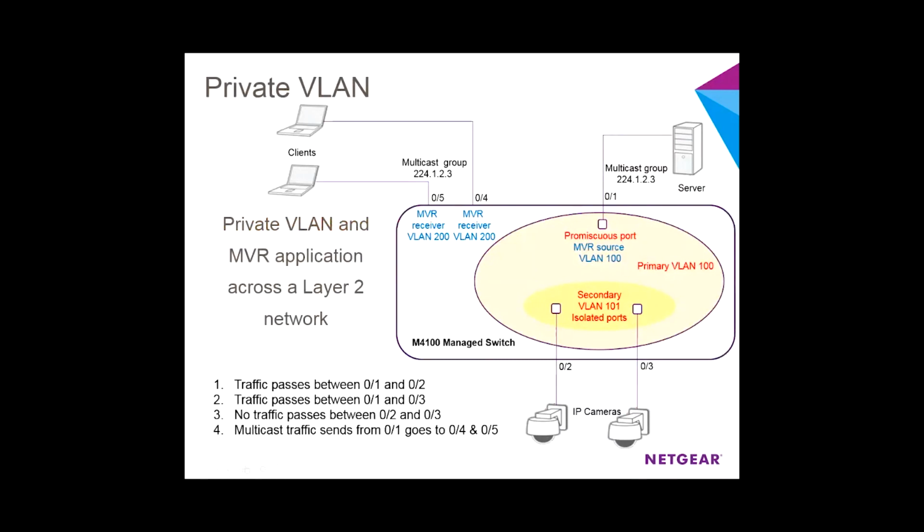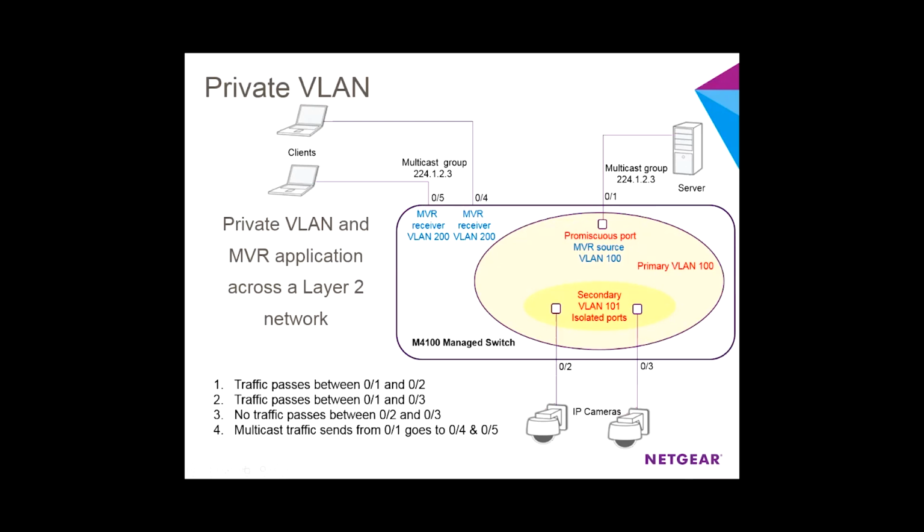Let's see here that we are using a CCTV implementation in this case. We have cameras connected to the different network ports, and we have a recording server for that. What the private VLAN does is that the cameras are in the same VLAN, but this VLAN has something called isolated ports.